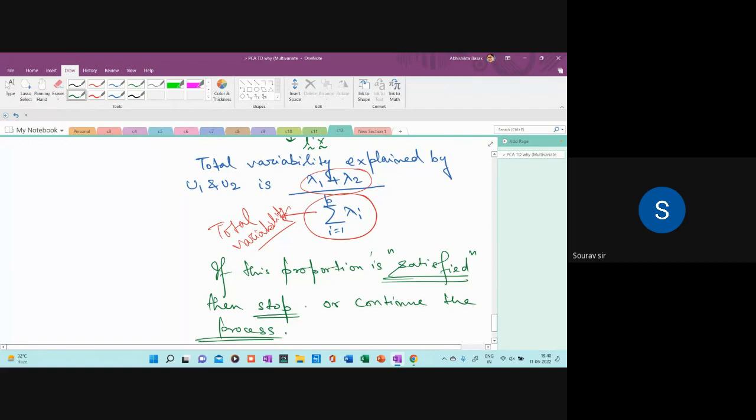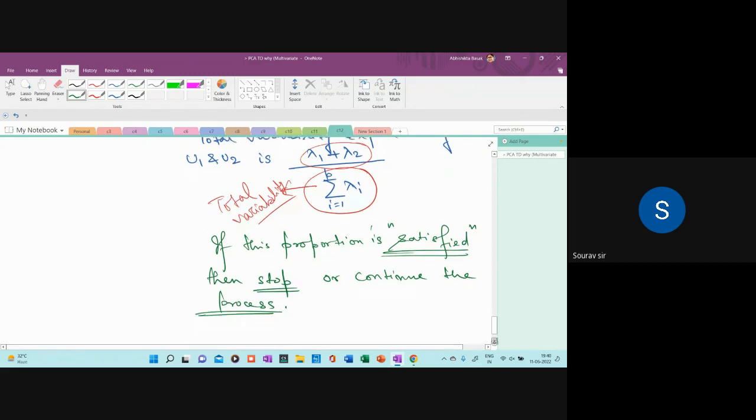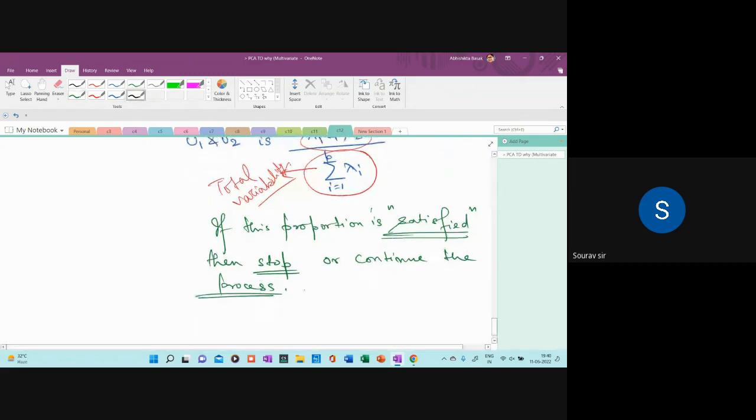In this way, if we continue and get lambda 1 plus up to lambda p divided by the summation over lambda i running from 1 to p, this is going to be 1. That means the total variability is covered.